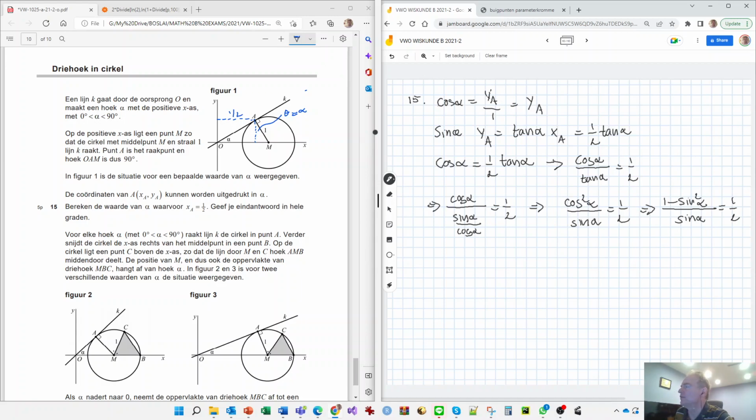And let's define a u which is sine alpha. So you get 1 minus u squared divided by u is 1/2. And so you get 1 minus u squared is 1/2 u.